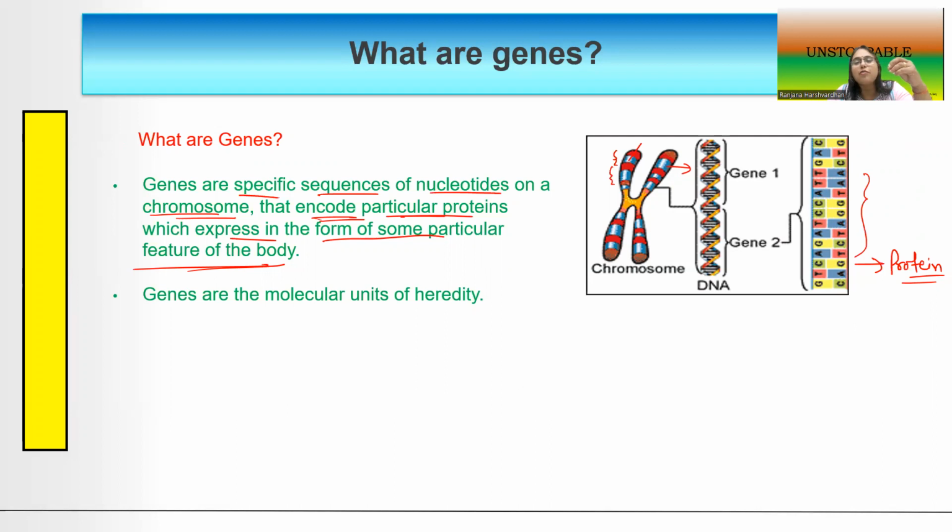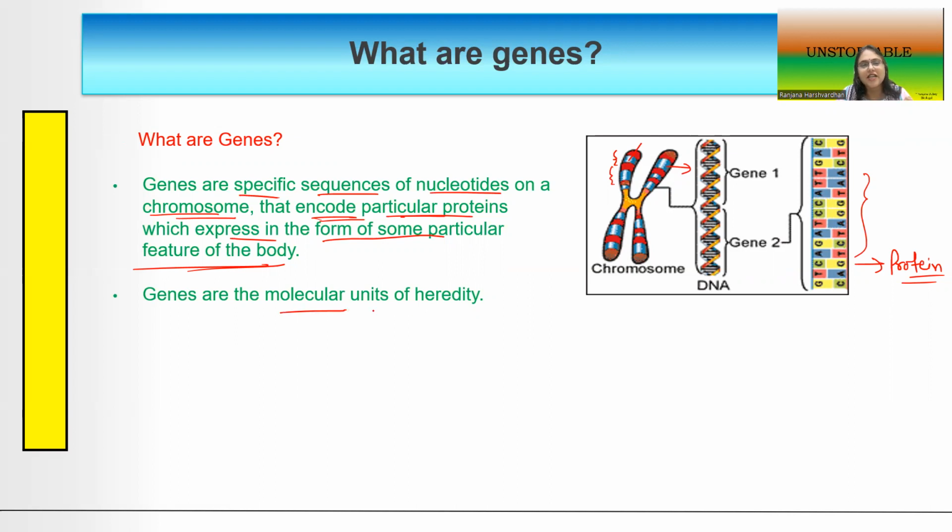So for making that protein, I should have the code, and that code is present in my gene. The length of the DNA where that gene is present, which is able to make the protein responsible for my skin, is called a gene. Similarly, for all the features of the body, those specific lengths of the DNA containing information for that particular feature are called genes.